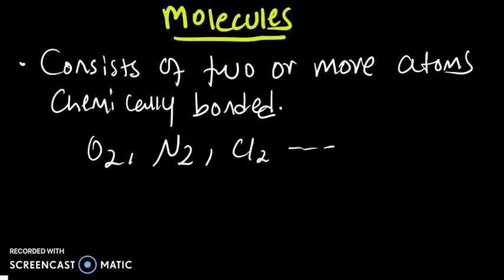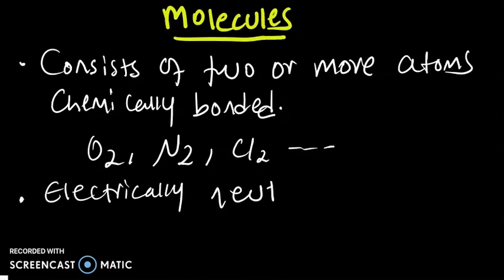That's what makes a molecule different from a compound. Molecules are electrically neutral, so their charges cancel out, but some can be found in a dipole state, and that is a topic for another discussion.